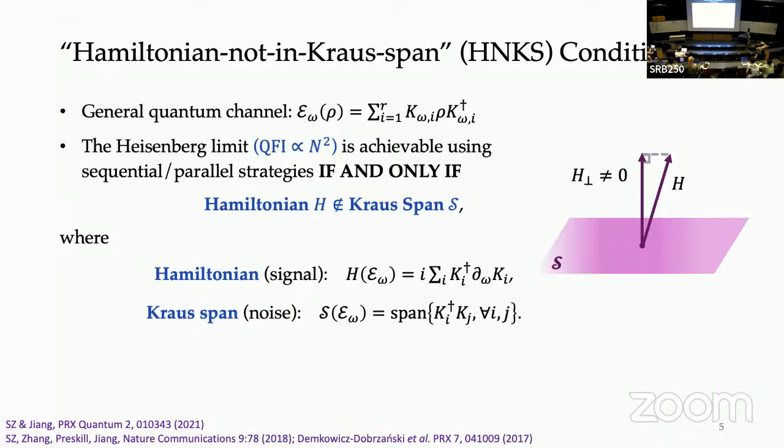The other thing is called the Kraus span, or the span of noise. It is a span of linear operators spanned by the operators K_i dagger K_j. If the Hamiltonian is not inside the Kraus span, you can build some quantum error correction protocol that allows you to achieve the Heisenberg limit using the sequential or the parallel strategy.